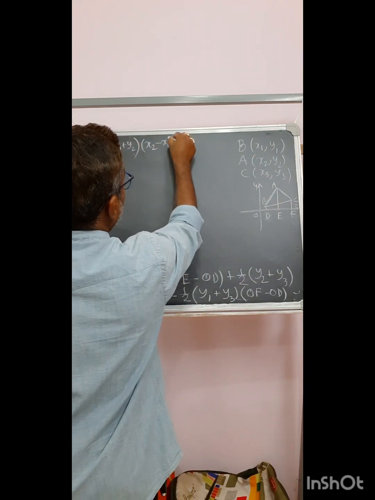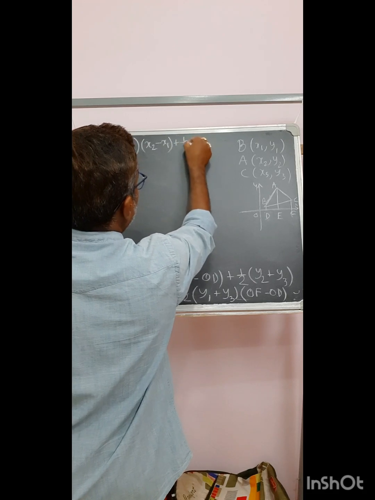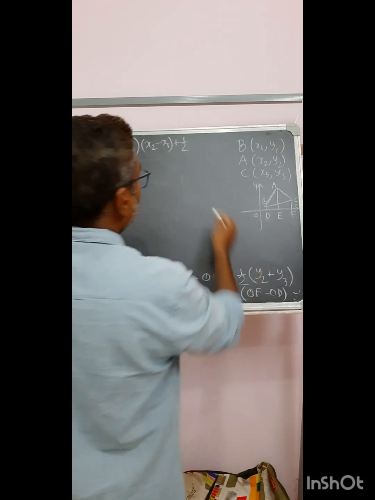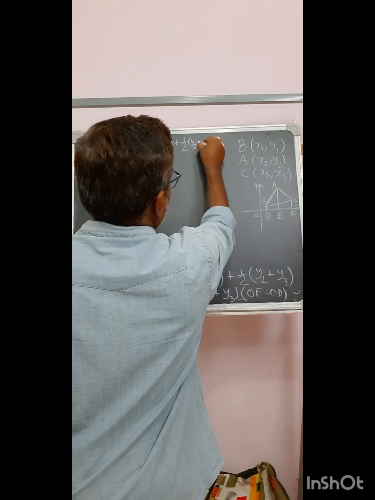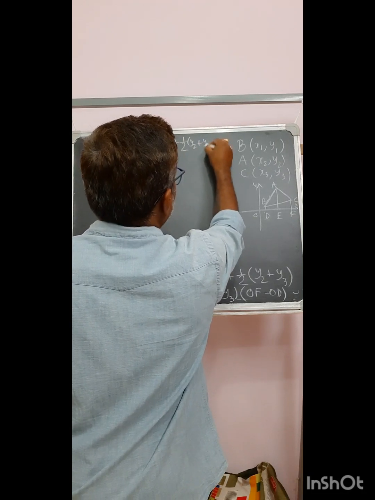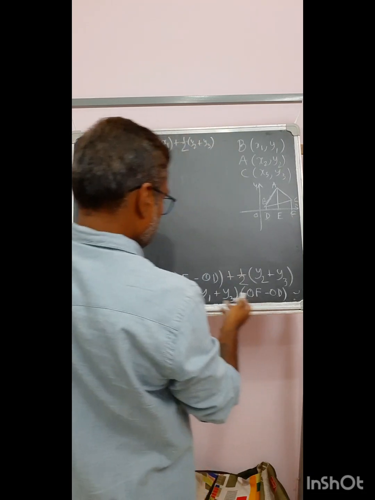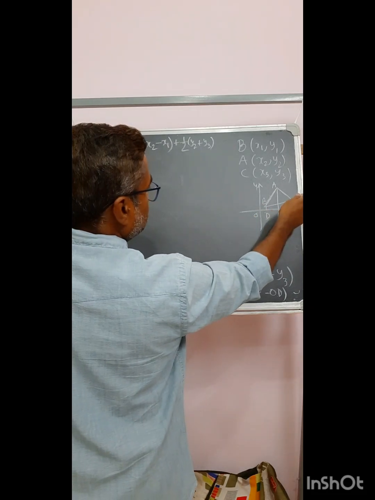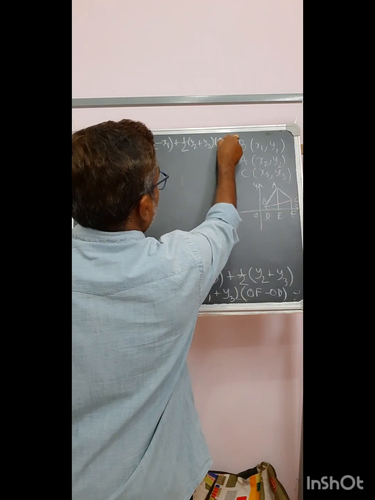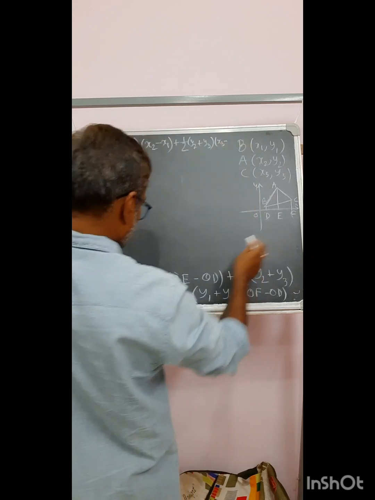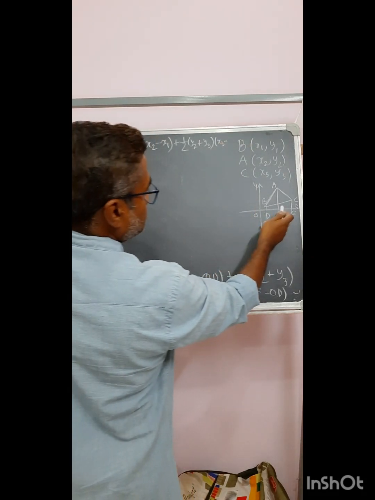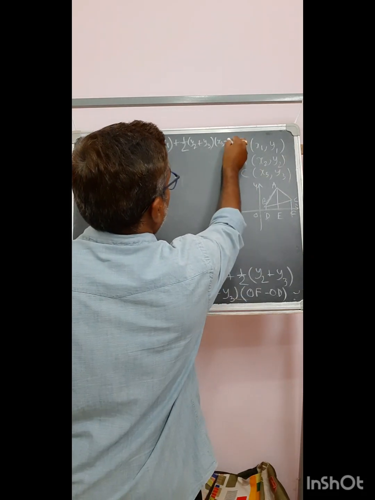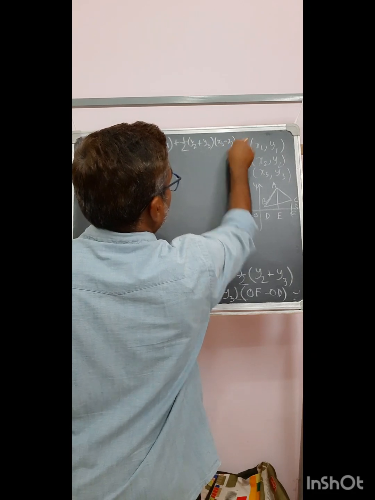So X2 minus X1, plus half into Y2 plus Y3, and this is OF minus OE. OF is the X part of C, X3, minus OE. OE is equal to the X part of A, X2.